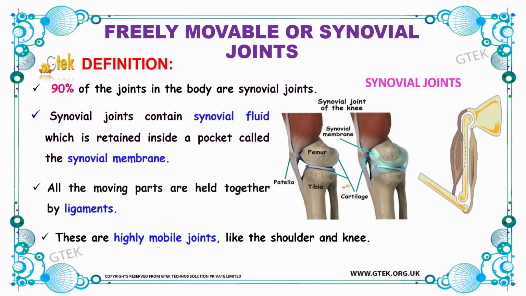Since these are freely movable joints, they are highly movable, as you have the lubricating agent over here. These highly movable joints are your shoulder and knee. So your shoulder and knee are synovial joints.